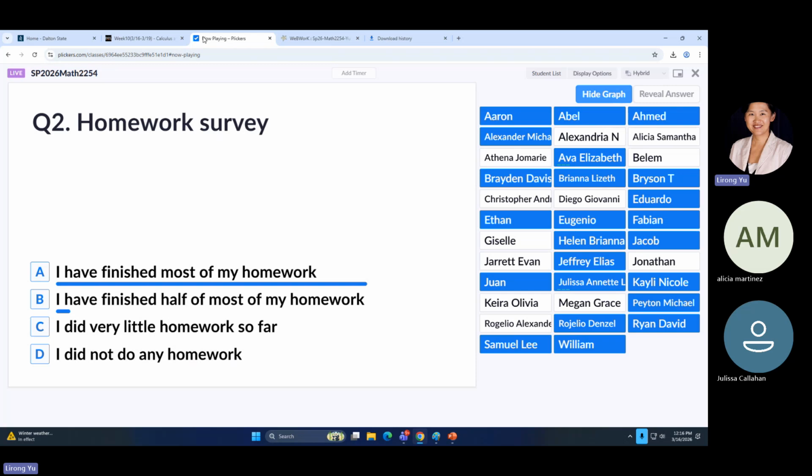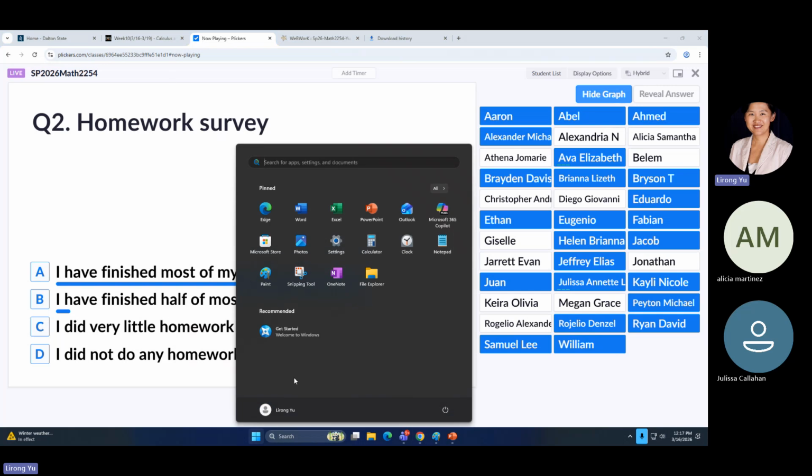Okay. Oh, I was just rearranging things, because I have it in my pocket. Henry can see.